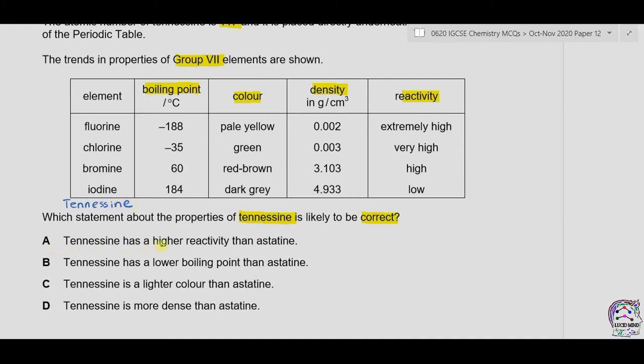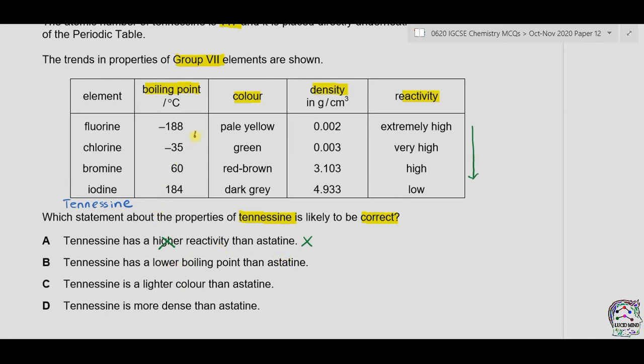A. Tennessine has a higher reactivity than astatine. As we can see that in group 7 reactivity decreases down the group, so as tennessine is below iodine, therefore the reactivity will be lower. So A is incorrect. B. Tennessine has a lower boiling point than astatine.